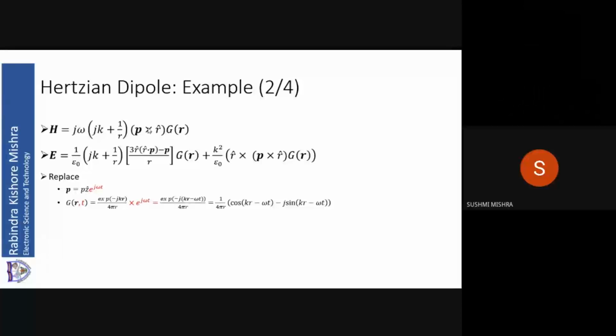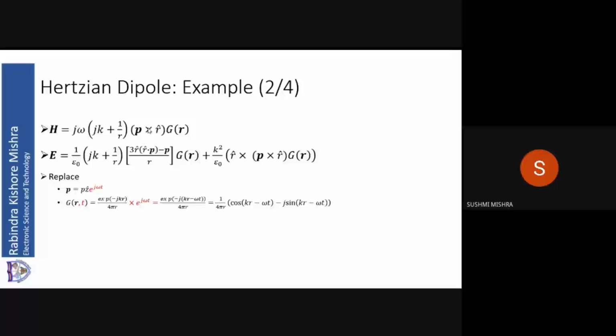If we take P is equal to P_z ẑ e to the power jωt, then we also consider the time variation for the Green's function G(r,t). For time variation, we will multiply by e to the power jωt. So this expression ultimately becomes 1 upon 4πr into cos(kr minus ωt) minus j sin(kr minus ωt).